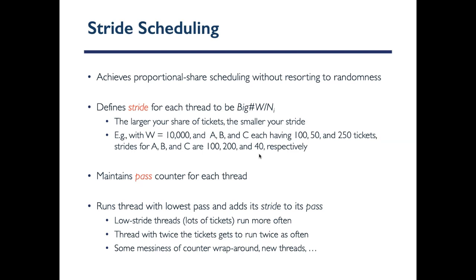It's still lower than everybody else, so it gets scheduled again for the third time, and now its pass becomes 120. At this point, I'm going to switch to A because A has 100, and so on and so forth. Hopefully that example makes it a little bit more clear.